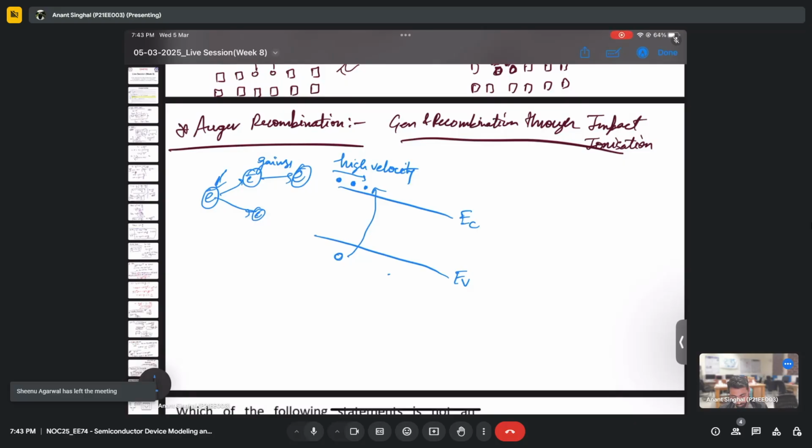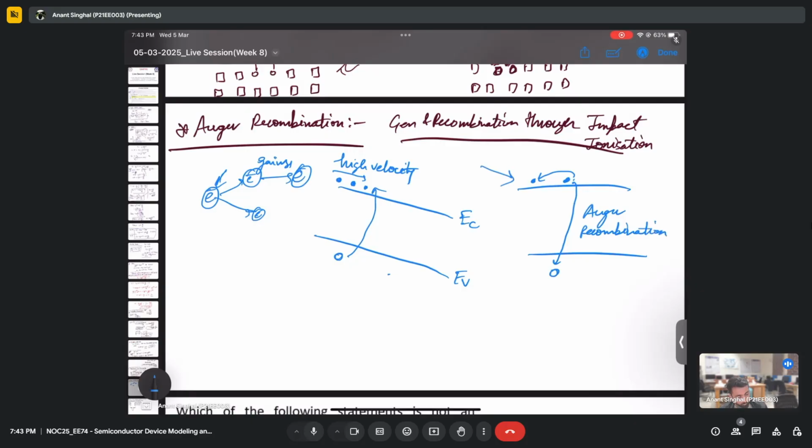So this is mainly recombination. But if I now try to explain, let's say these two are the electrons in the conduction band, and this electron collides with this one, so this will lose energy and it will go back to the valence band. So this is the recombination, right? This recombination is what we call Auger recombination.